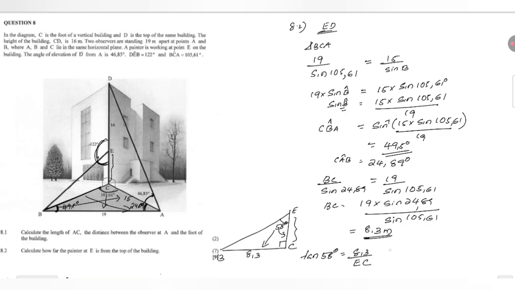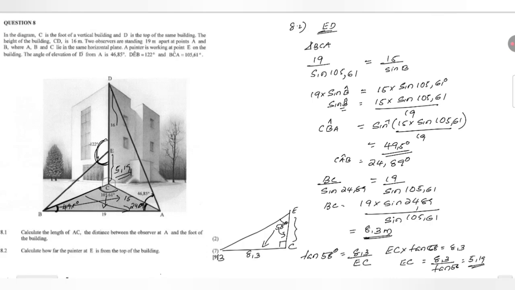Cross multiply, which is going to be EC times tan 58 is equal to 8.3. Therefore EC is equal to 8.3 divided by tan 58, which is 5.19. EC, I got it 5.19.